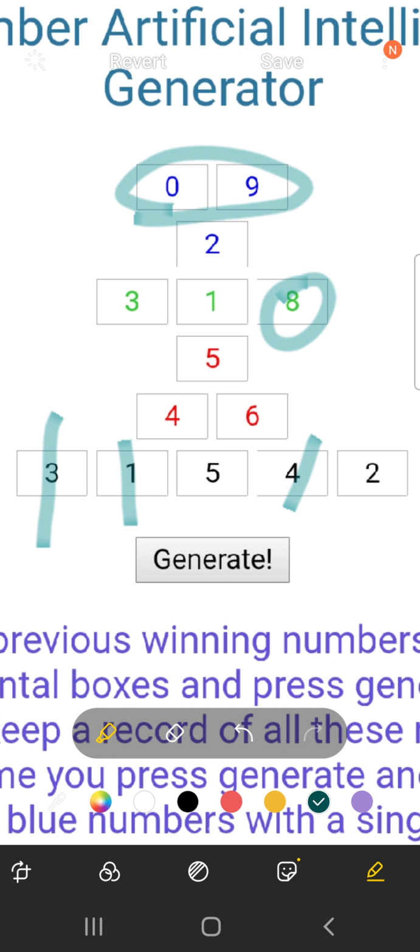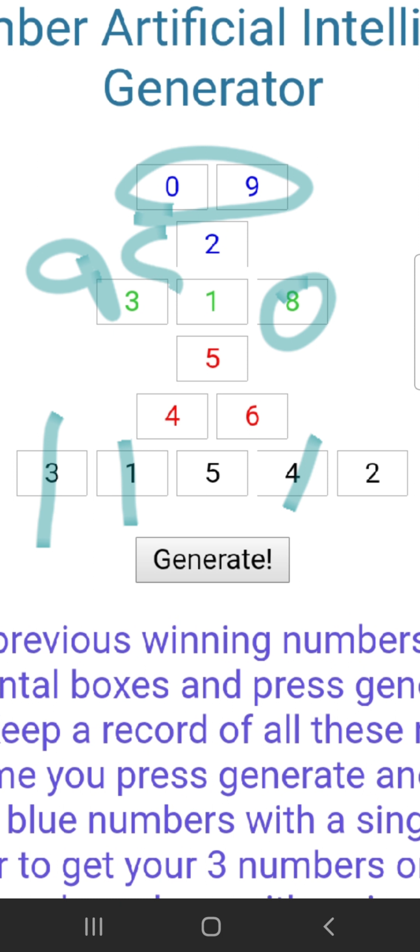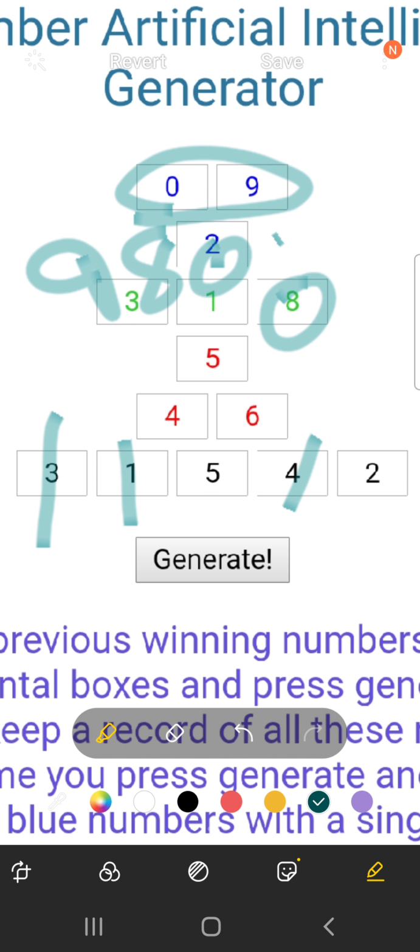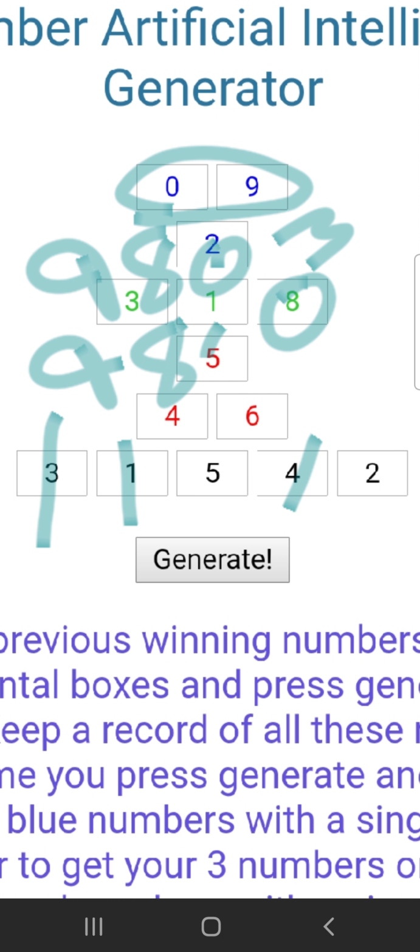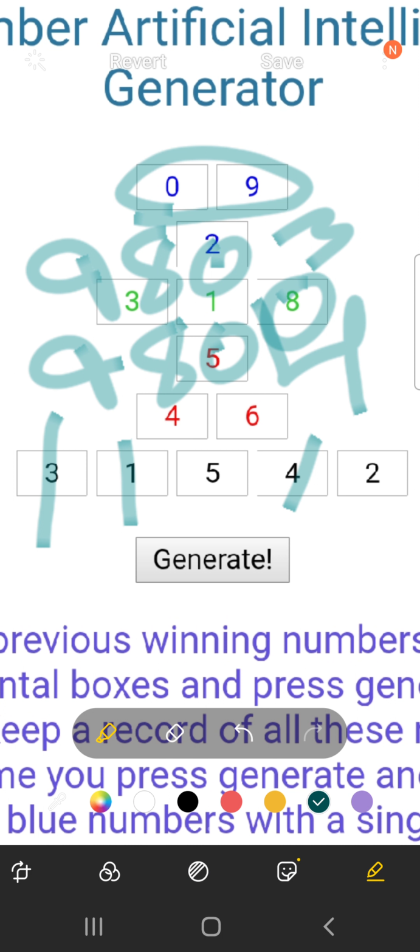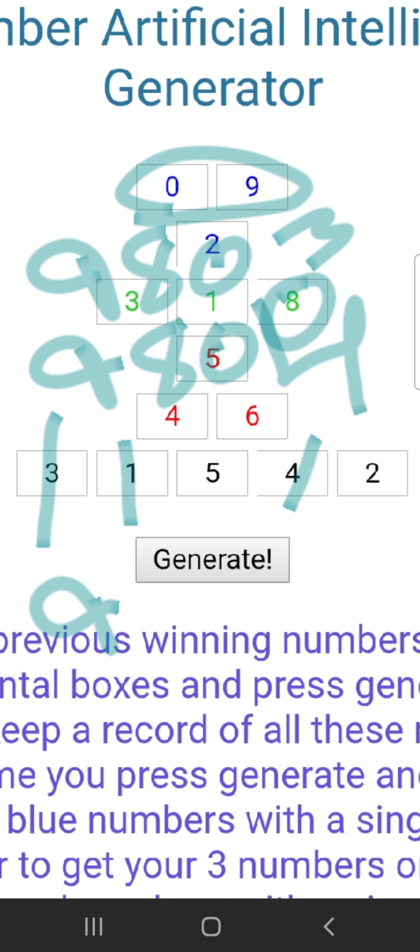So in total you will get the three numbers that show up twice: 9803, 9804, and 9801.